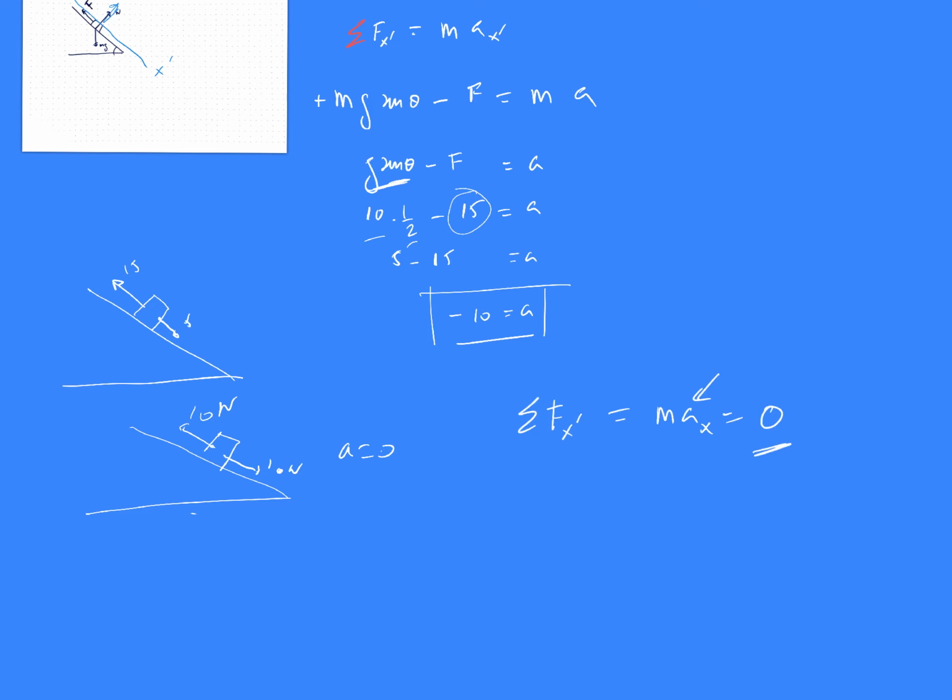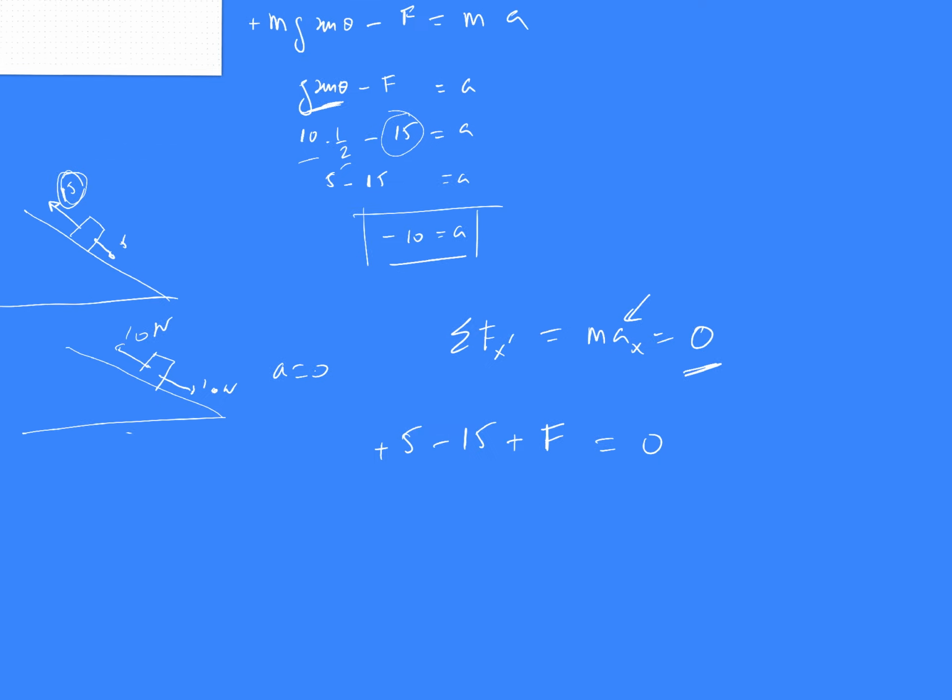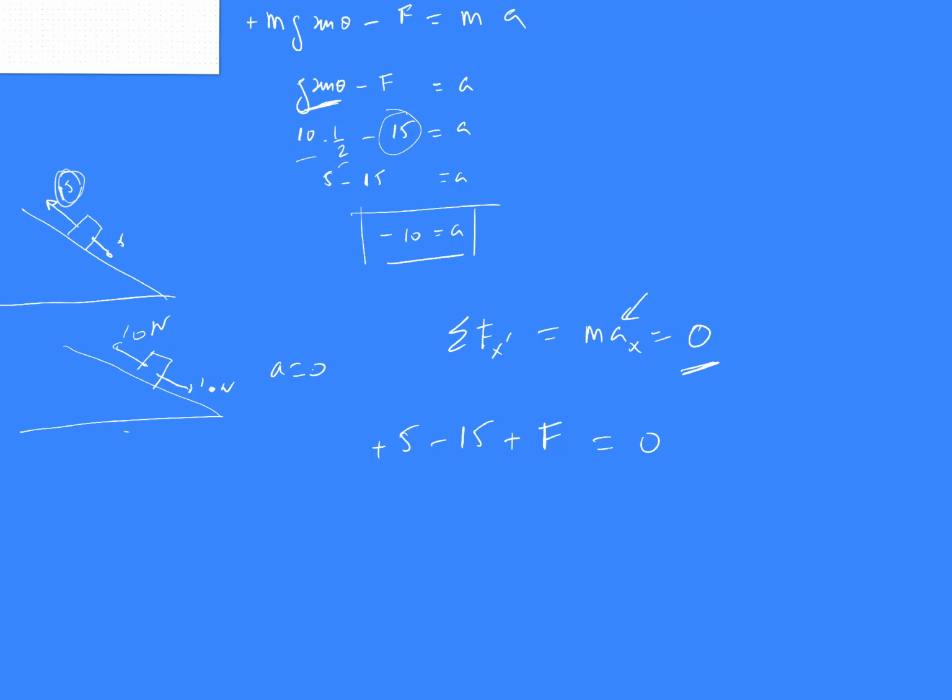So I have plus 5 newtons going downwards, minus 15 newtons going upward, and plus an unknown force that I don't know yet, but the sum must be zero. So what should the force be? I will solve for F. 5 minus 15 is minus 10. Minus 10 plus F is 0. So F is 10.